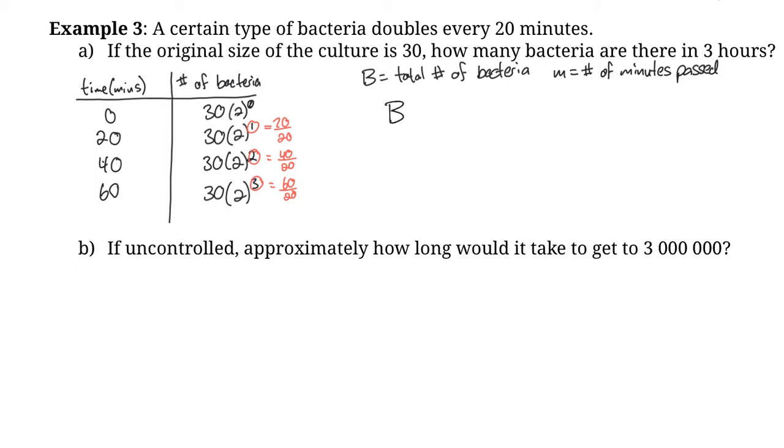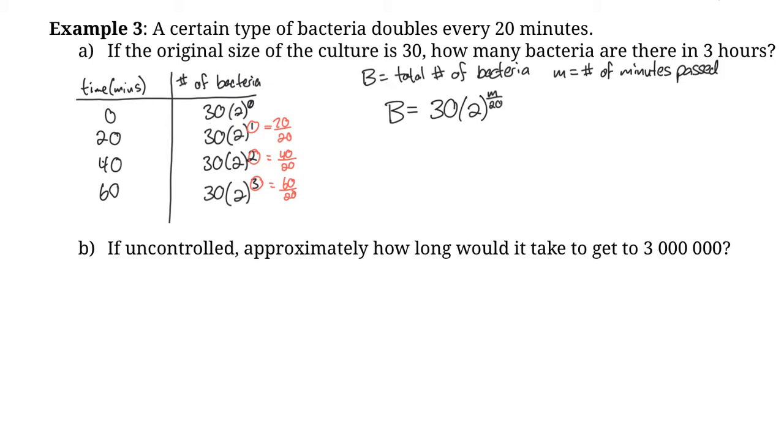So B is equal to 30, our starting number of bacteria, multiplied by 2 because it doubles. And our exponent here is not going to be just M because if we go back to our table, we took our number of minutes and divided it by 20. So our exponent is going to be M, our minutes, divided by 20.